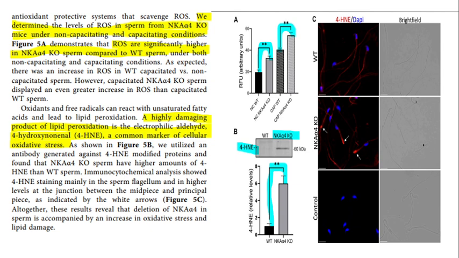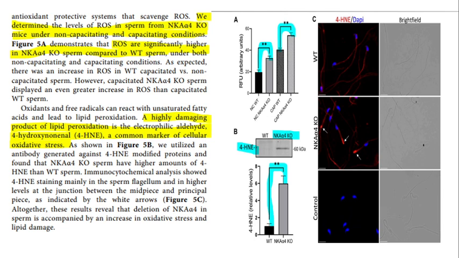So when you don't have alpha 4, you have higher damage to the system, to the cells, causing this big amount of ROS. And also they found a highly damaging product of lipid peroxidation. They analyzed this marker, the 4-HNE, which is a marker showing oxidative stress in lipid peroxidation.